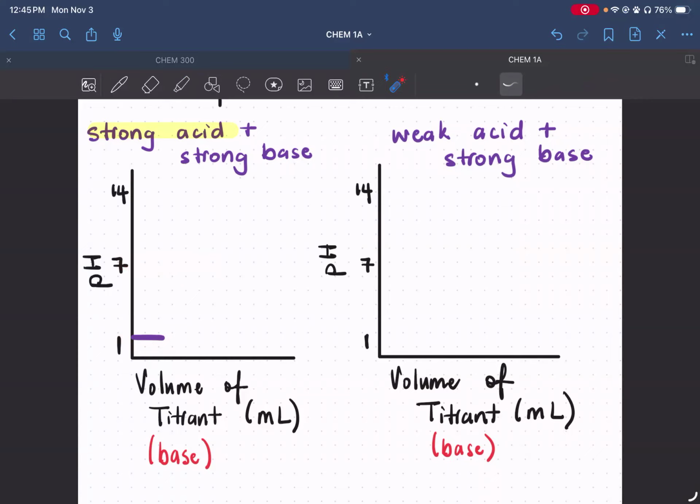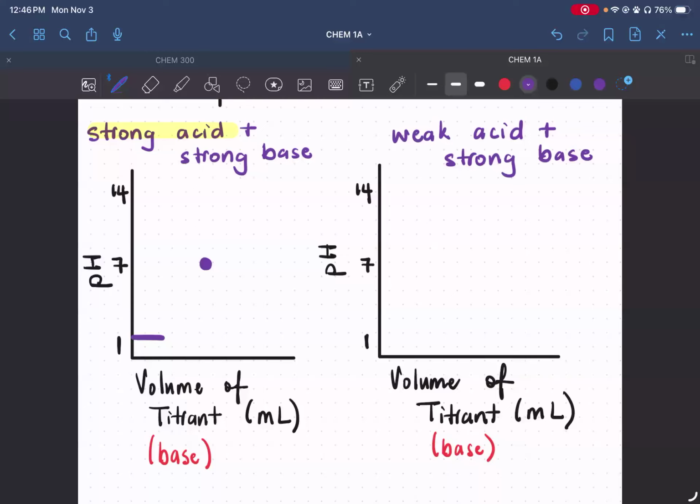By the time the reaction completes, aka when the color changes, we're expecting a pH of around 7. You all remember seeing that faint pink solution that occurs around a pH of 7, maybe 6.9, maybe 7.1, but around 7.